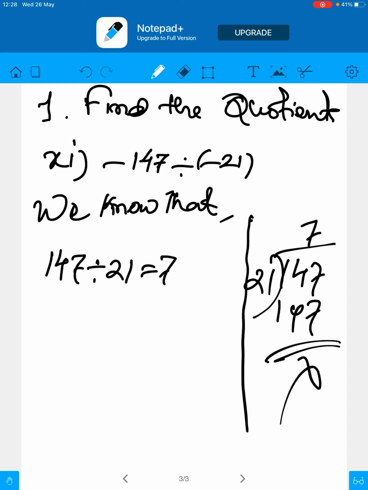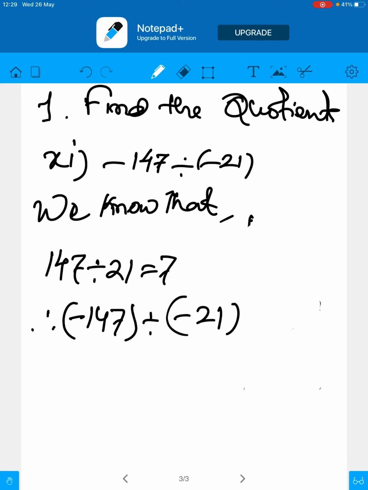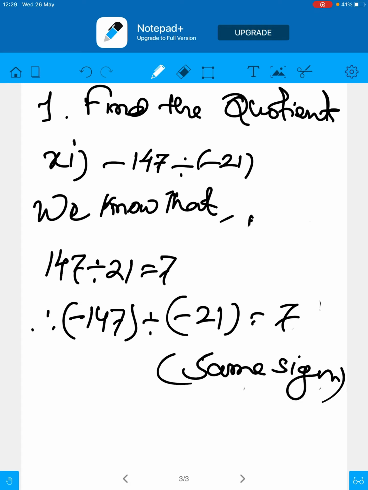Therefore, what we will write is minus 147 divided by minus 21 is equal to 7. Why? Same sign.